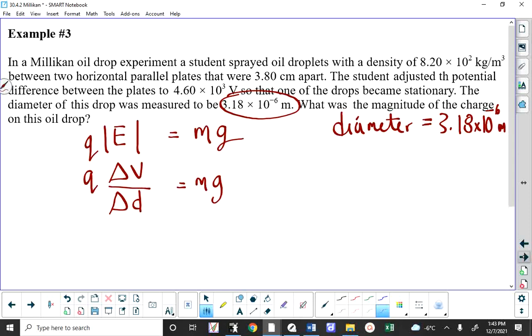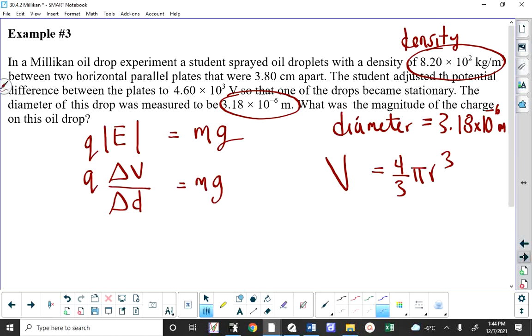The density of the drop is given here. And we can find the volume of the drop using 4/3 pi r cubed. Is that on your formula sheet? Under the math portion? It's not.